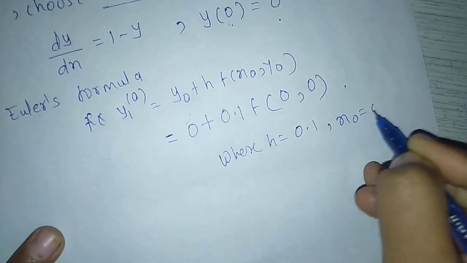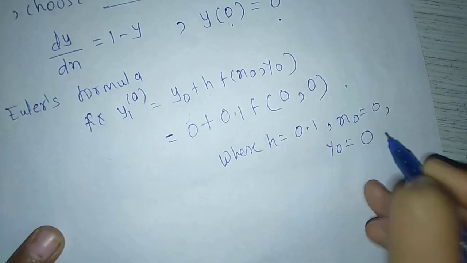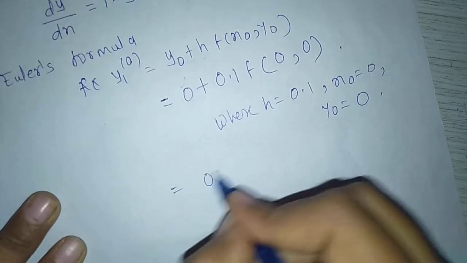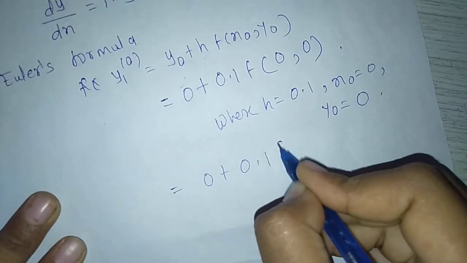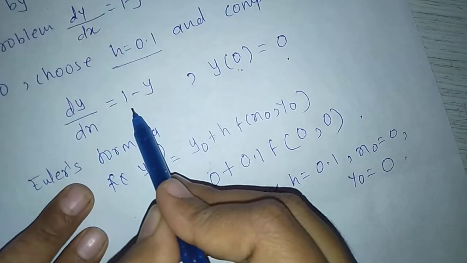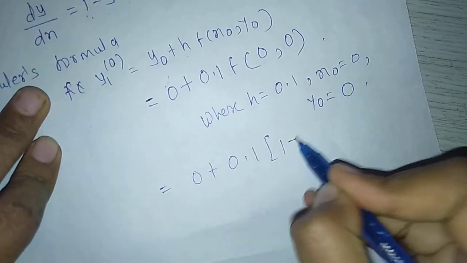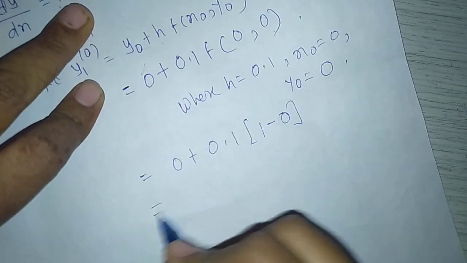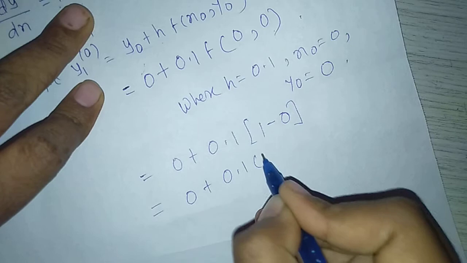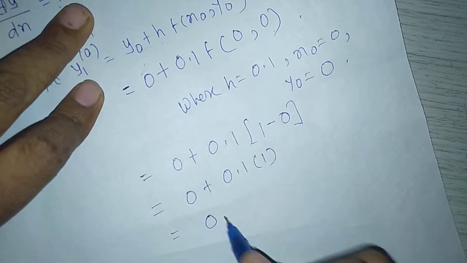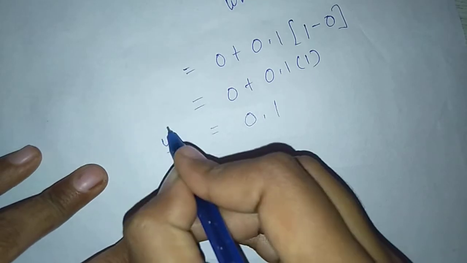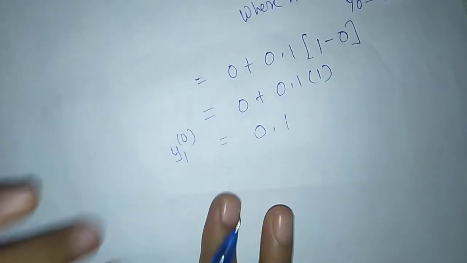Therefore 0 plus 0.1 into f of 0 0. f of x y is 1 minus y, so f of 0 0 is 1 minus 0, which equals 1. So 0 plus 0.1 into 1 equal to 0.1. This is the 0th approximation of y1.